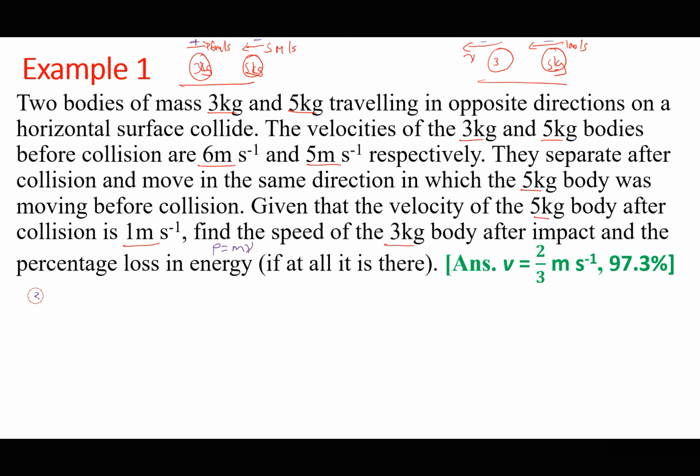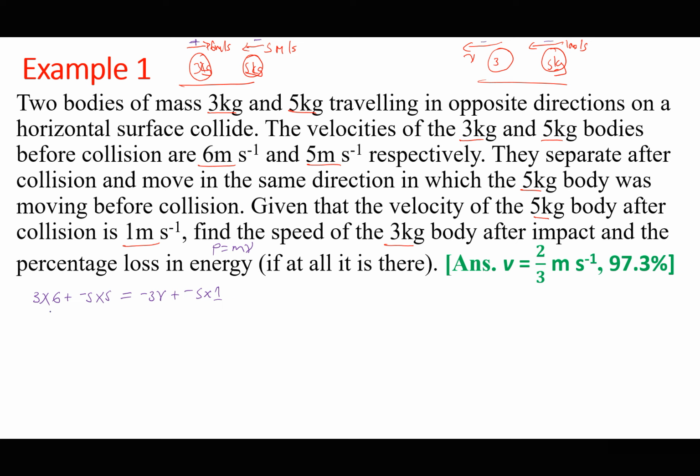So we shall have 3 times 6, that is positive, plus negative 5 times 5. This should be equal to total momentum after collision. Velocities to the left negative, so this would be negative 3 times v plus negative 5 times 1.